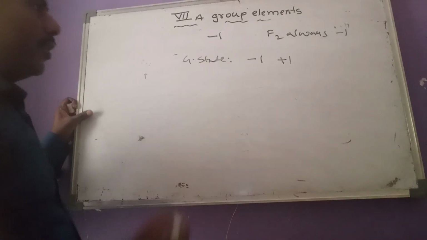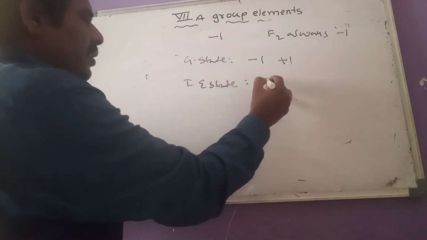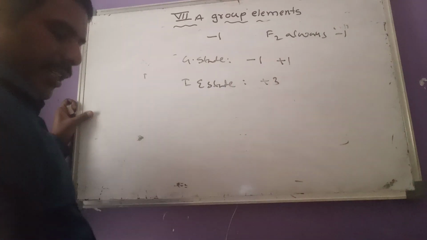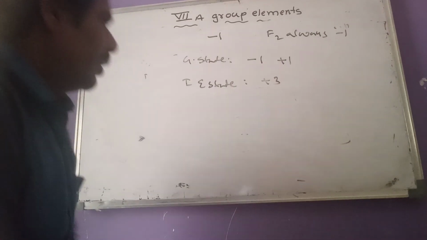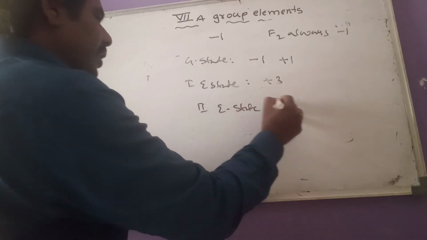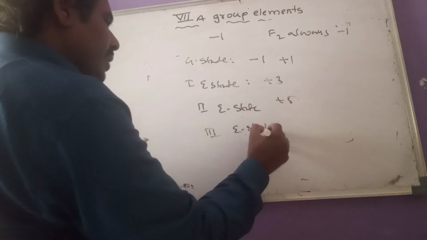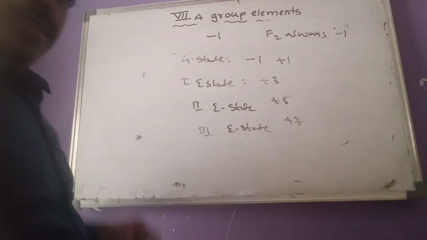In the first excited state, halogens exhibit +3 oxidation state, and in the second excited state, these can exhibit +5. In the third excited state, these halogens can exhibit +7.